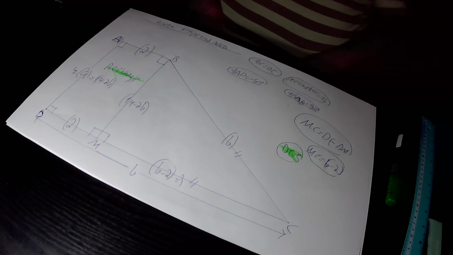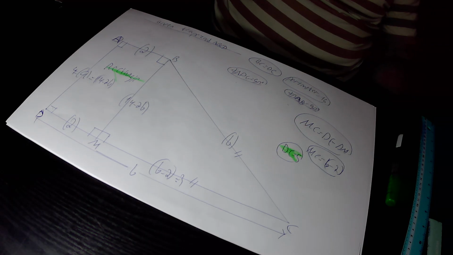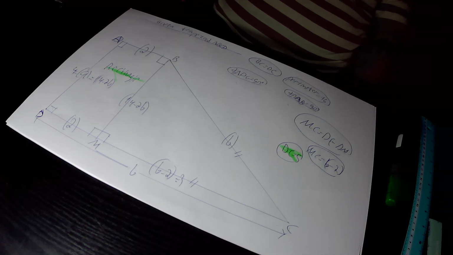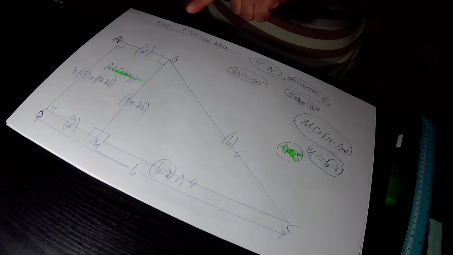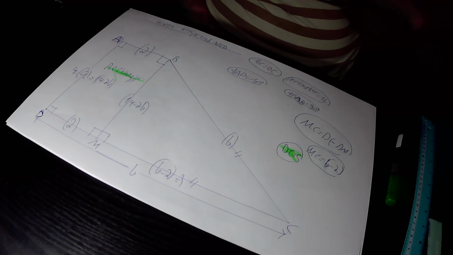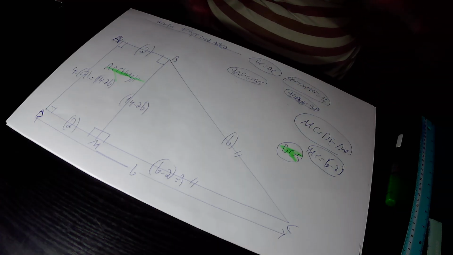It is given in the question that AB equals 2 units, DC equals CB, and the perimeter of this trapezoid ABCD is 16.